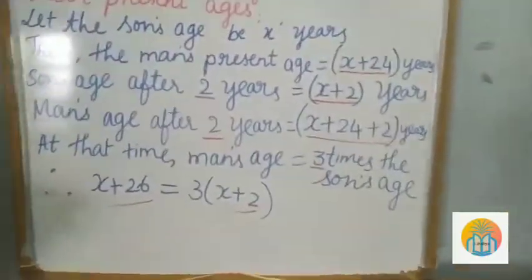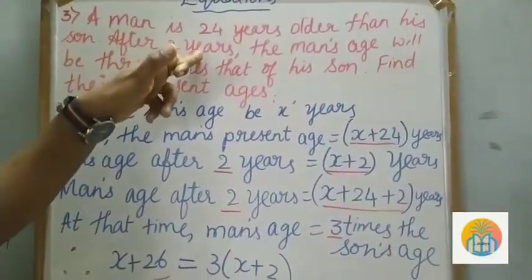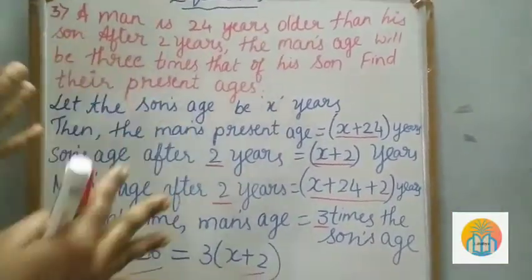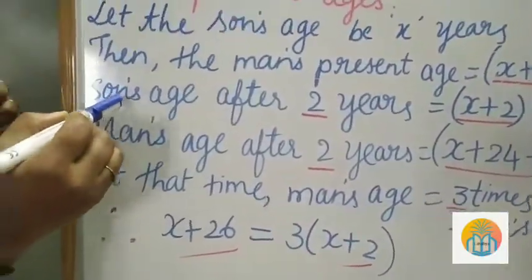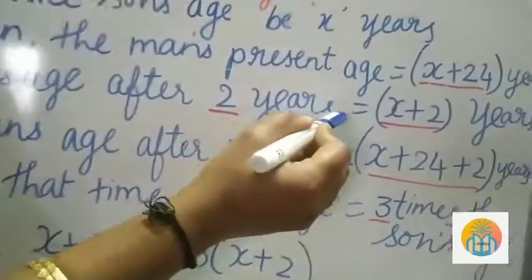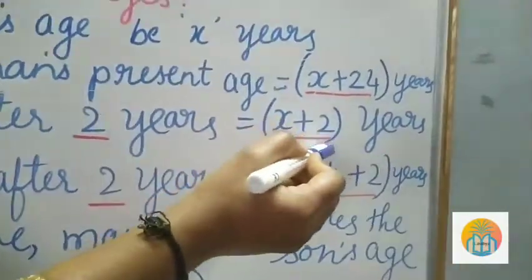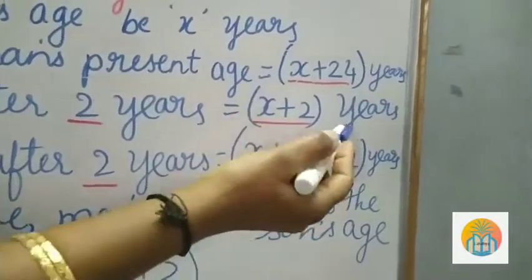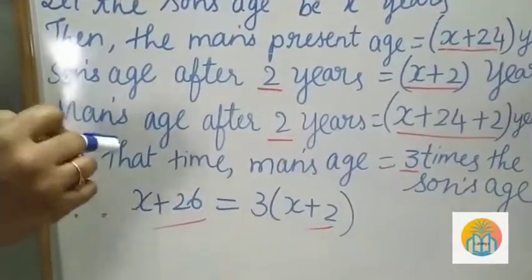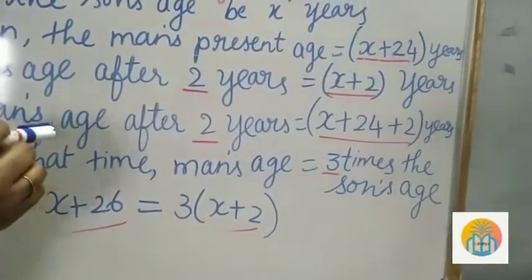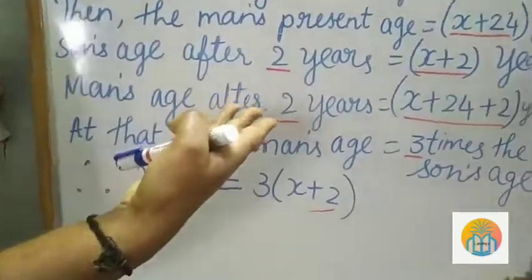Now they have given the condition here: after 2 years the man's age will become 3 times that of the son. Son's age after 2 years is equal to x plus 2, where x is the present age plus 2 years. Then what is the man's age? Even the man will grow, right?